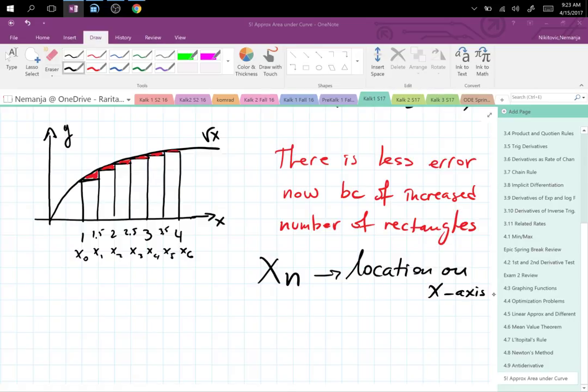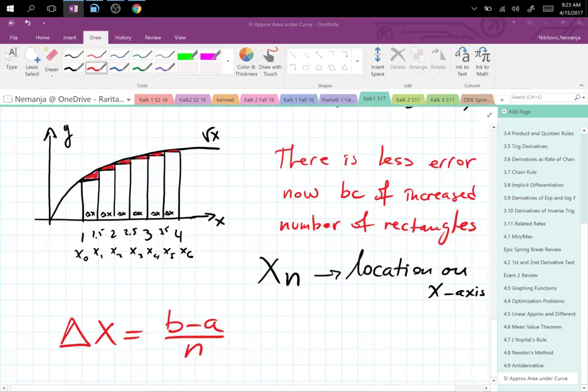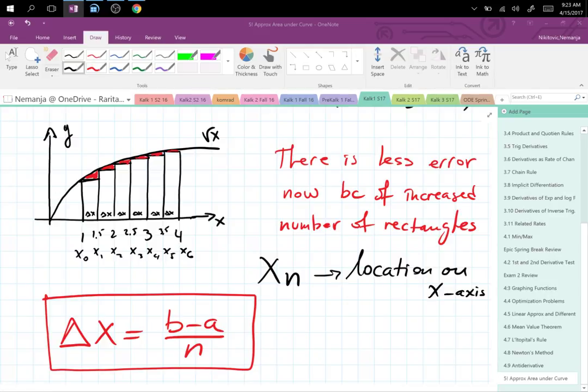So now think about delta x. Delta x is each one of these widths of the rectangle. So the formula for delta x will always be b minus a divided by the number of rectangles. b minus a, so a b, that's the interval.